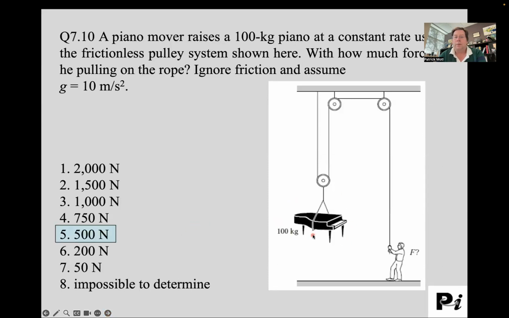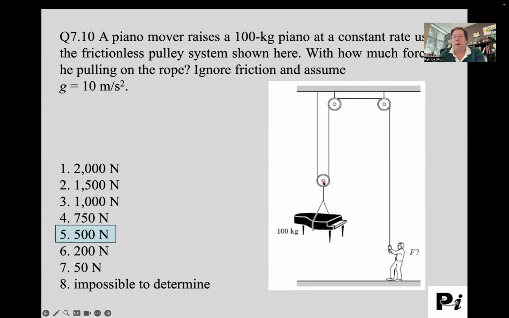All right, so it's a 100-kilogram piano, so that's a 1,000 Newton piano, but yet the piano mover only needs to pull with a force of 500 Newtons. Thinking about this in terms of the work energy theorem, the change in kinetic energy is zero because it's moving at a constant rate. So let's think about how much rope this person has to pull through.